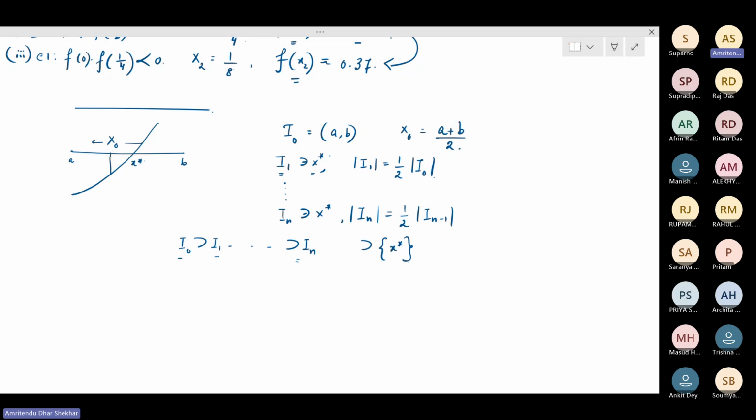And so, as n tends to infinity, xn tends to x star.